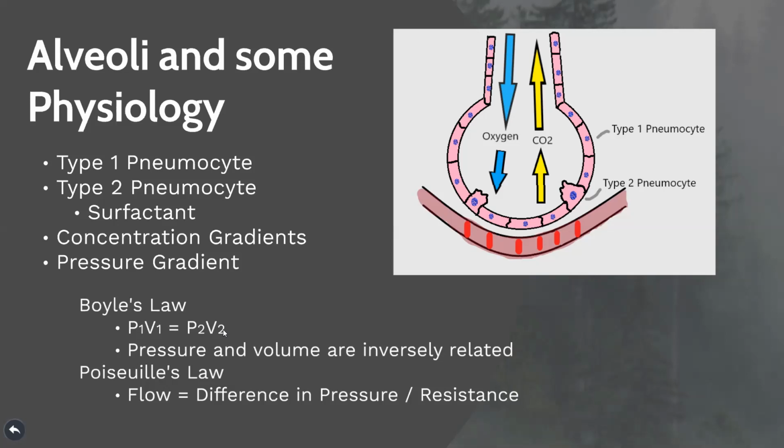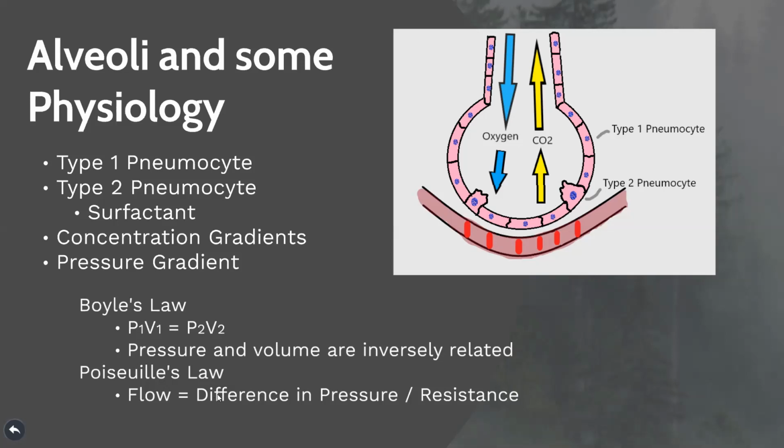Poiseuille's law, I know I'm butchering it, talks about flow. And this really gets into cardiovascular stuff, but it also gets into perfusion pressures as well. So this is relevant. We're talking now, instead of the air coming in and out, about the gases crossing this alveolar capillary membrane that we formed here.